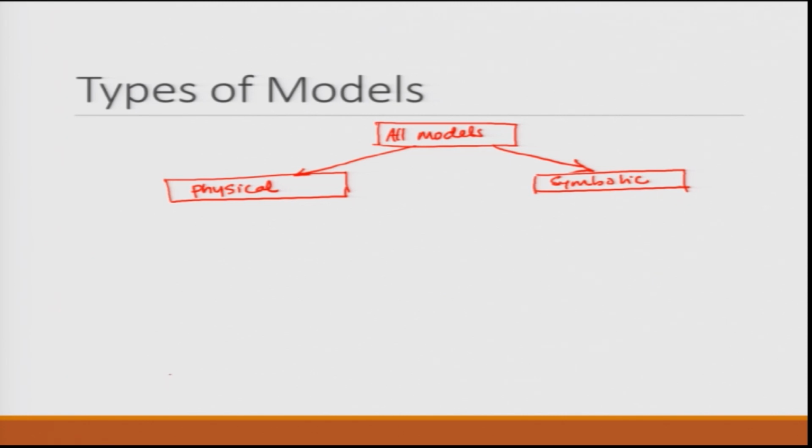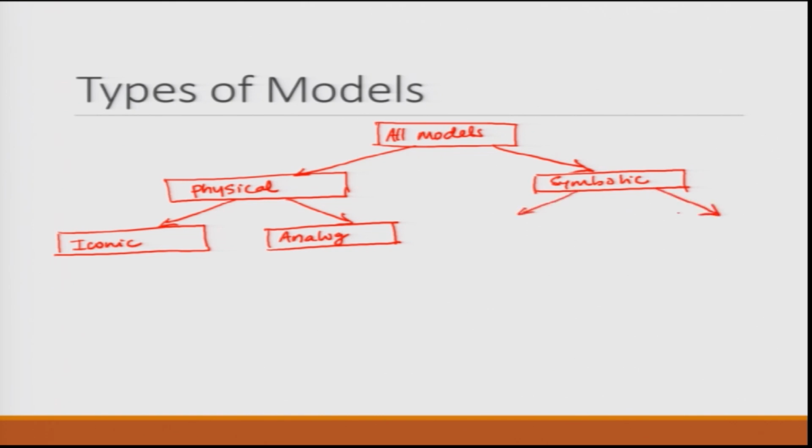The models can be either physical or symbolic, and the physical models are further divided into two: the iconic models, or the analog models. Okay. And the symbolic models, we will study each one of them in detail. The symbolic models can be a verbal model, or it could be a mathematical model.